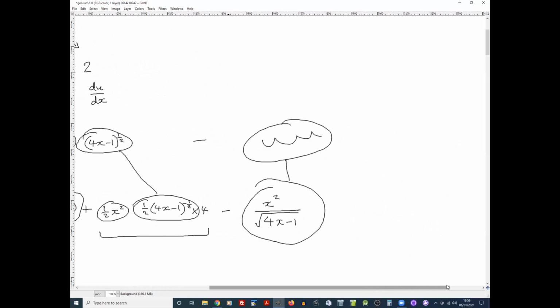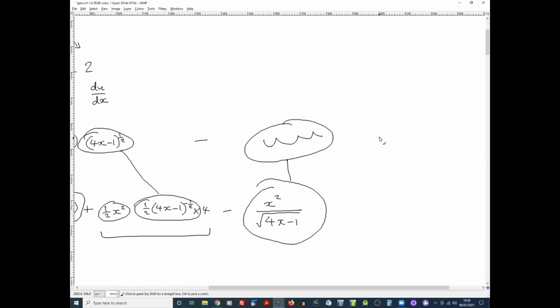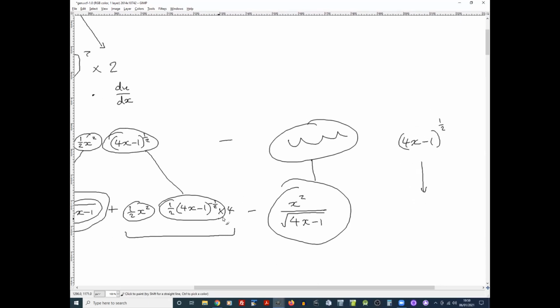So you can start experimenting with stuff like 4x minus 1 to the power of a half, and then see how that differentiates. Does it give us anything like this? We can see what it gives us. It gives us something very like that. But the x squared didn't come from there.